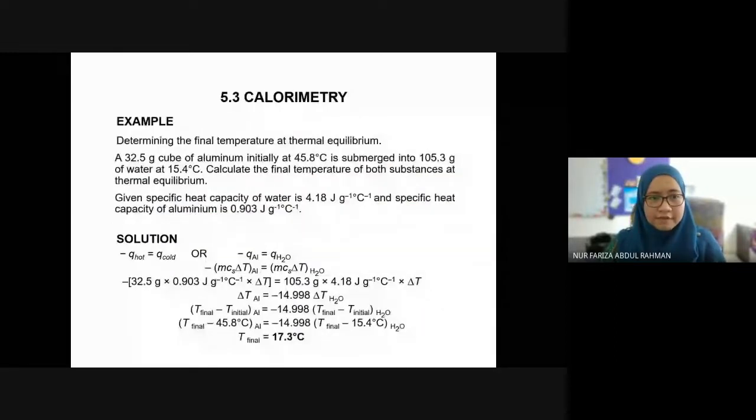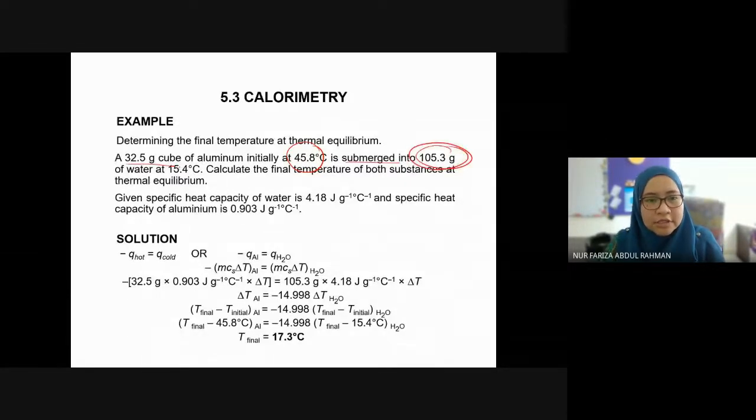Let's look at an example. We have a cube of aluminium. This is the initial temperature of the aluminium, and it is being submerged into this mass of water, which has a temperature of 15.4. You can see there is a difference in temperature.